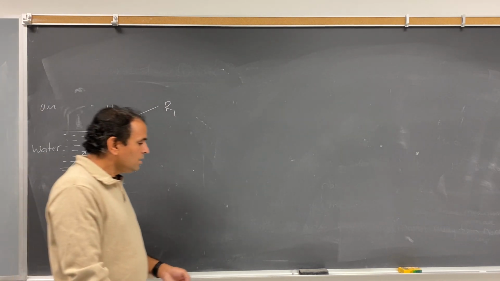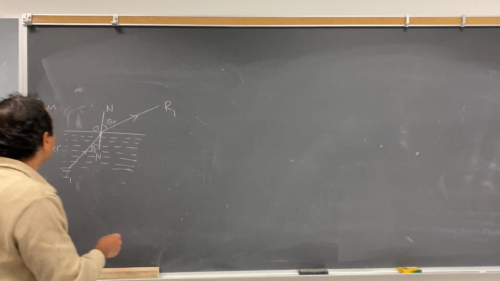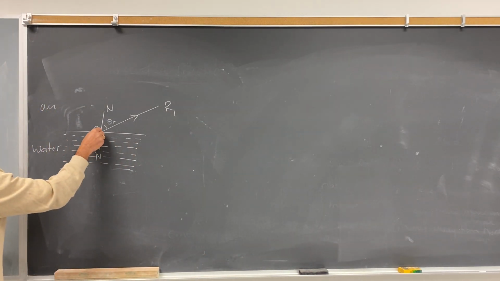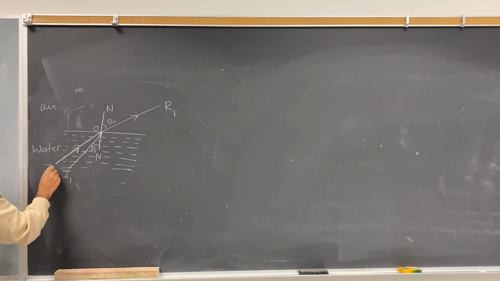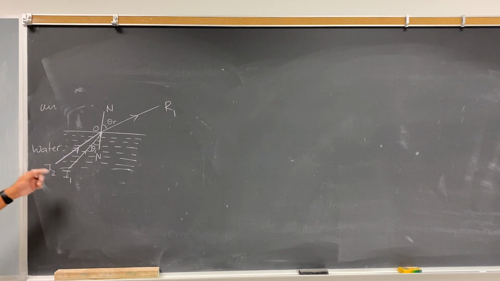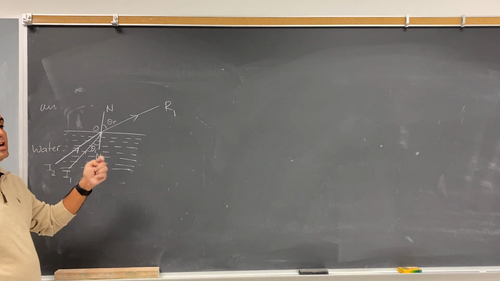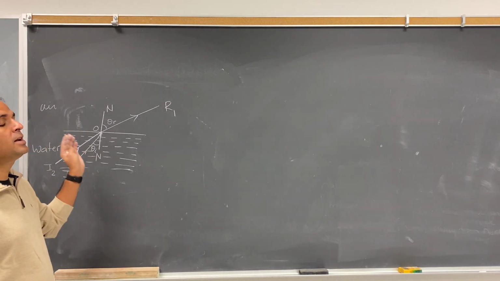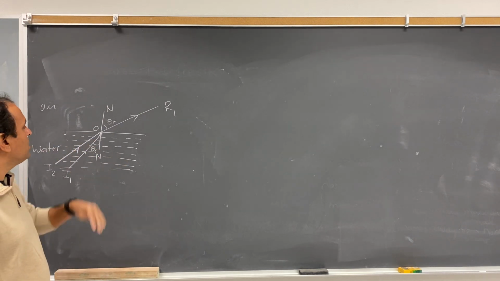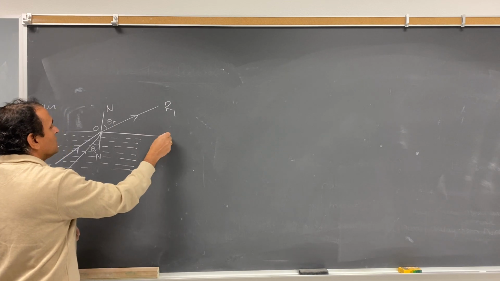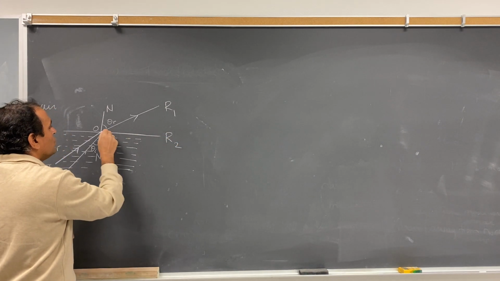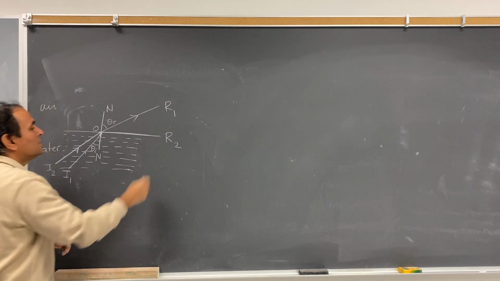Now take another ray like this. Let me call this I2. Again, I2O is the incident ray inside the water. Now we know that if the light travels from water to air, the refracted ray bends away from the normal. Let us suppose this is your R2. This OR2 is your refracted ray.